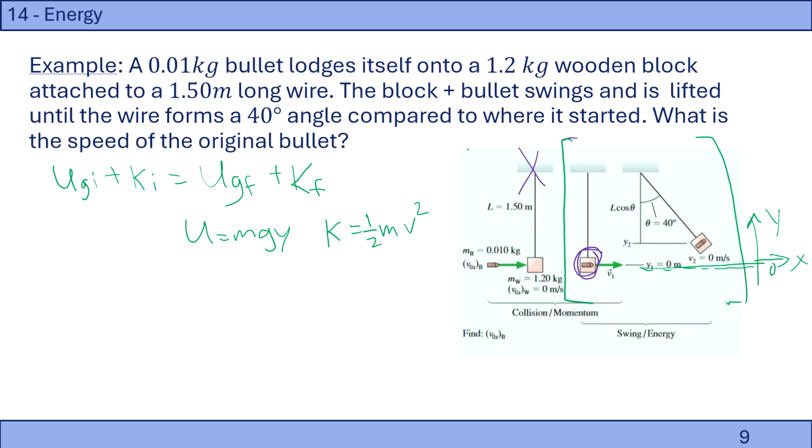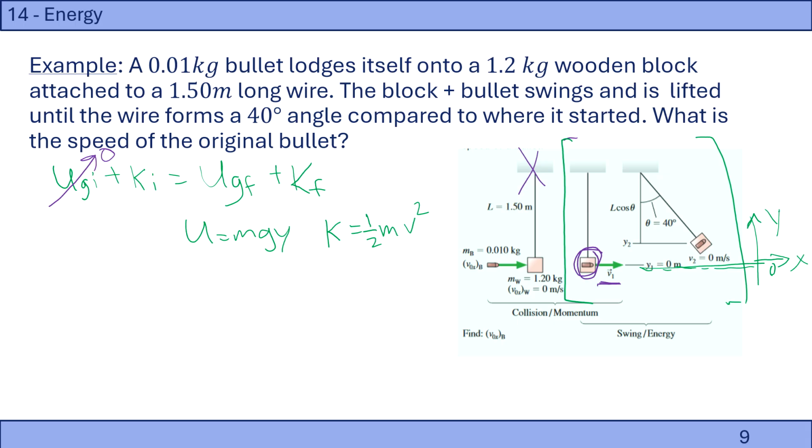So, knowing that this is y equals 0, we can say that the initial potential energy is mg times 0, and so this goes away. And what about the initial kinetic energy? Well, I don't know the velocity of the block plus bullet, but it's non-zero. So it is going to be 1/2 mv squared. I just want to treat that m carefully, for example.